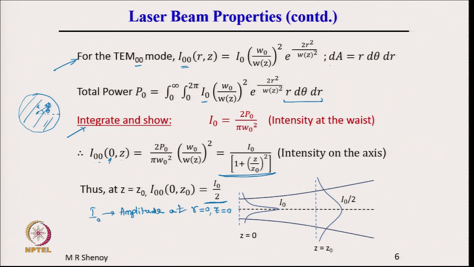At a certain distance z is equal to z 0, the intensity on the axis drops down to half of its value. So, z 0 we know is called the Rayleigh range. So, at the Rayleigh range, the intensity peak drops down to half of its value. For any other z, it is given by the expression which is here.